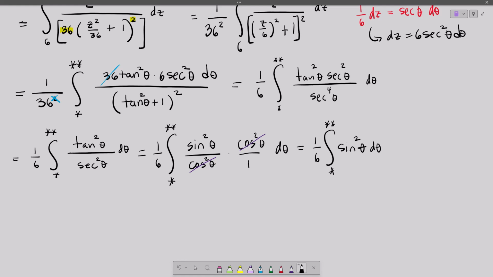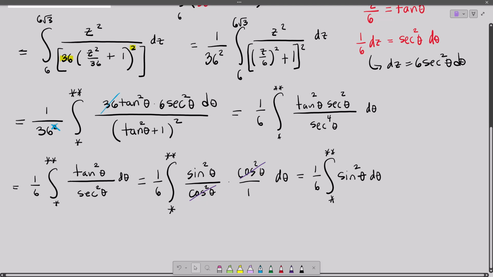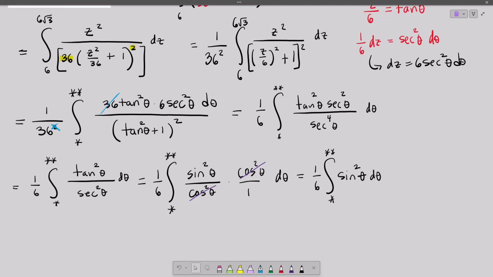All right, so any questions up to that step? Anything? Yeah, sometimes it's hard to formulate a question because there's so much going on.